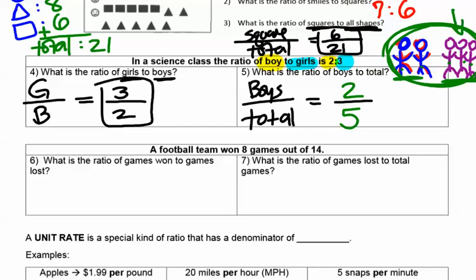We're only looking right there. We're not actually looking at the class. We're looking at the small ratio. This is our simplified version. There might actually be 30 total students, but right now we're looking at the simplified version. So that's why it's small numbers, okay? But again, it's 2 boys out of 5 total students.